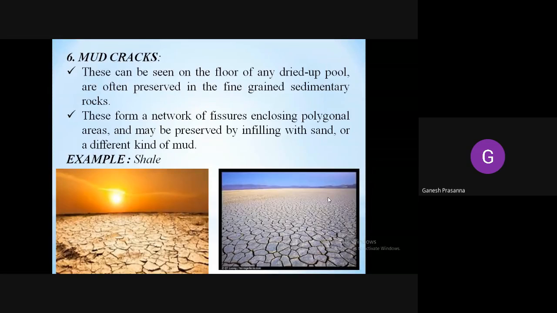Okay, so whenever the pool or the lake is dried up, you can see the cracks that are observed on the bottom of the lake. If this is preserved well in a rock, then that forms a mud crack itself.